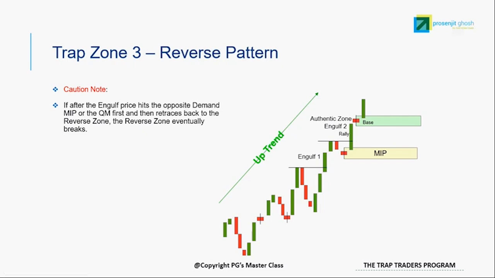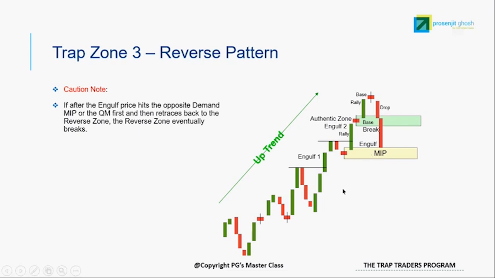The caution you need to follow is, if after the engulf price hits the opposite demand MIP or the QM first and then retraces back to the reverse zone, the reverse zone may break. What I mean by this is, price creates a rally based drop and the authentic zone also gets engulfed. As you can see, price breaks and engulfs, and price straight away comes down to the opposite MIP demand.